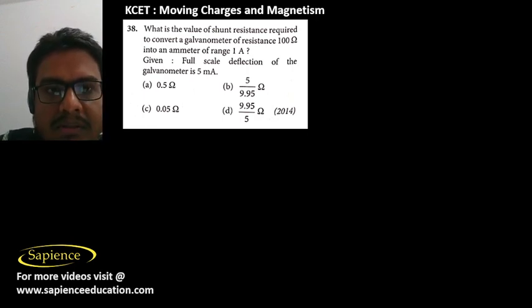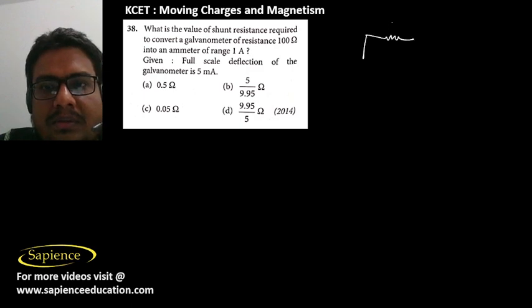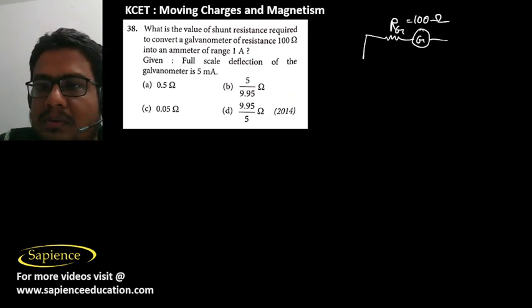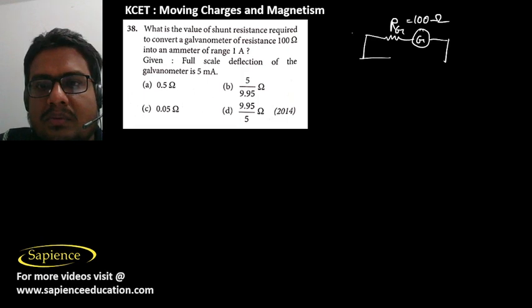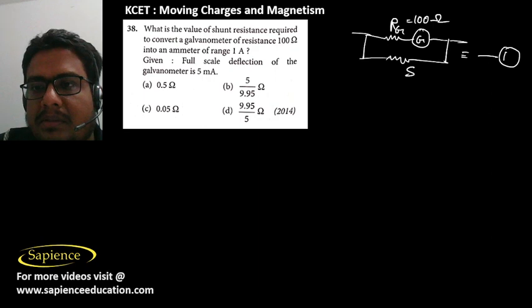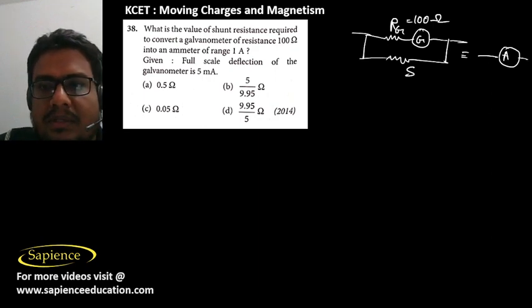So in question number 38, it is told, what is the value of the shunt resistance required to convert a galvanometer, whose resistance Rg is 100 ohm, into an ammeter of range 1 ampere. So one shunt resistance should be connected in parallel with the galvanometer, so that it is converted to an ammeter of range 1 ampere.